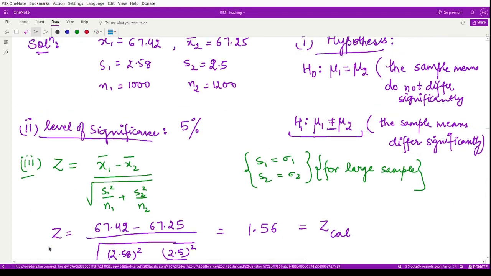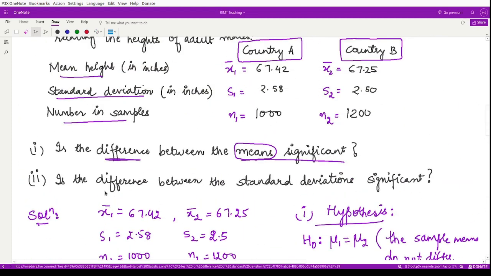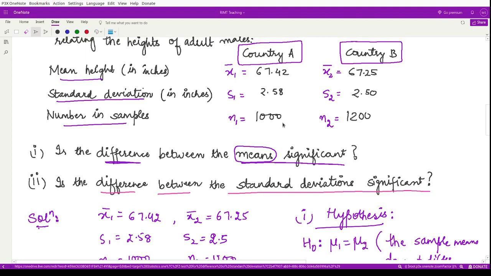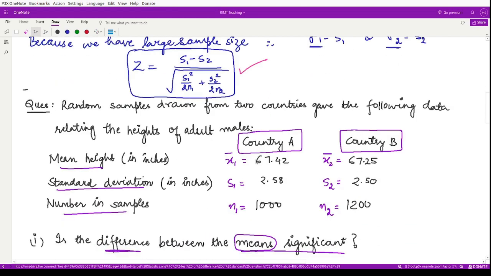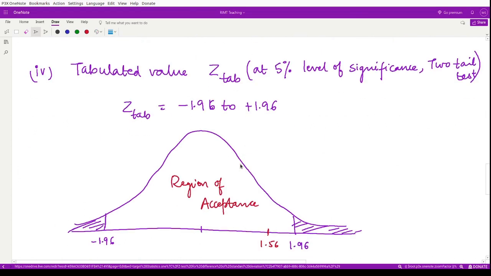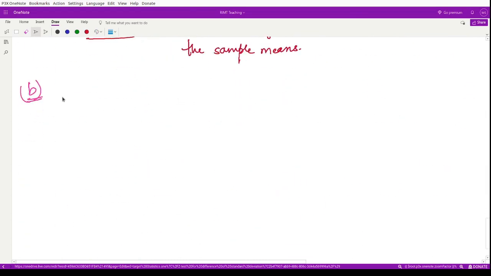Here in the question, in the second part they are asking, is there any difference between the standard deviations of the two samples? So here we will use this particular formula in order to calculate the standard deviations. So let's start here. First step again is to formulate the hypothesis. So the hypothesis here would change. Your null hypothesis in this case would be that there is no significant difference between the standard deviations.